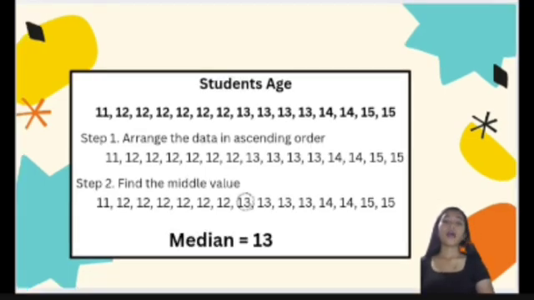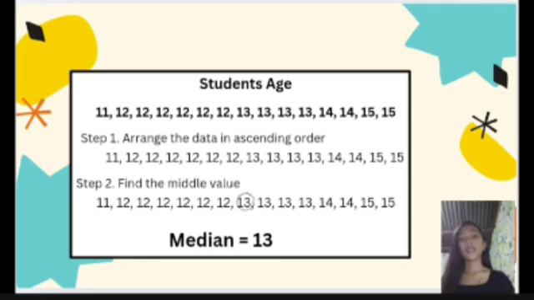So the median of our data is 13. Okay, please check the papers of the other groups if it is correct. For the important reminder, it is very important for us to arrange first the data in ascending order so that we can easily find the middle value.